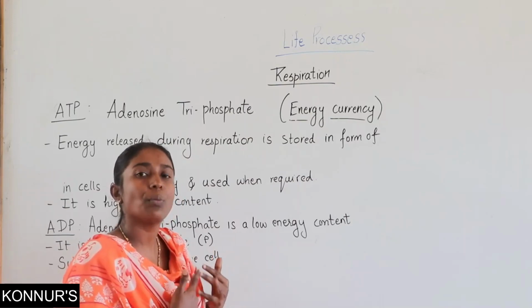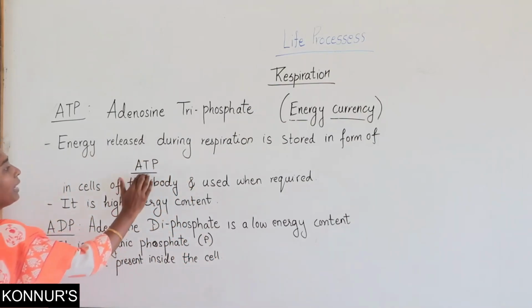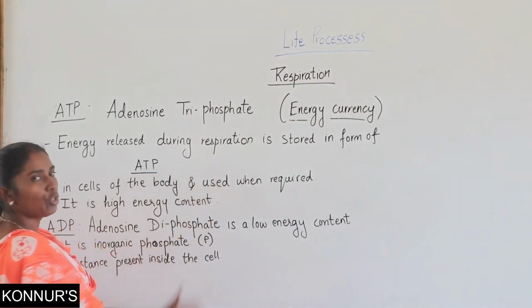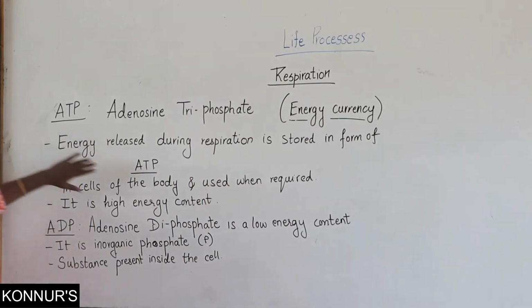Now this energy that is released is stored in the form of ATP in the cell in the body, and is used when it is required. So this energy you are getting from the food. ATP is of high energy content.